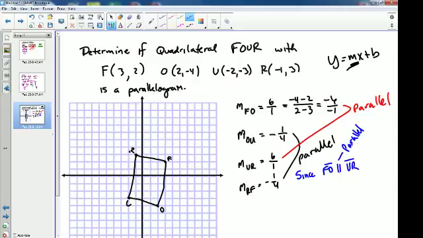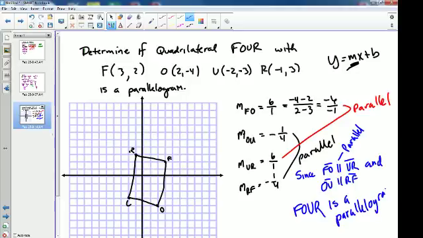Okay, since FO and UR are parallel, and OU and RF are parallel, the quadrilateral is a parallelogram. Get used to writing statements like this.